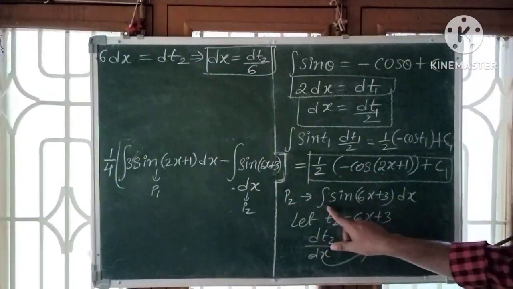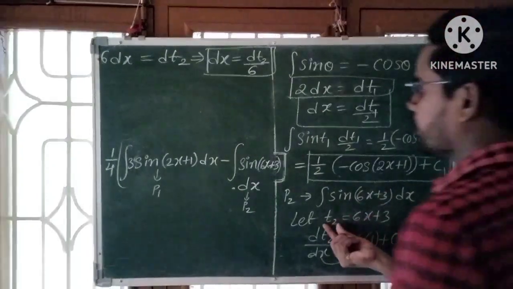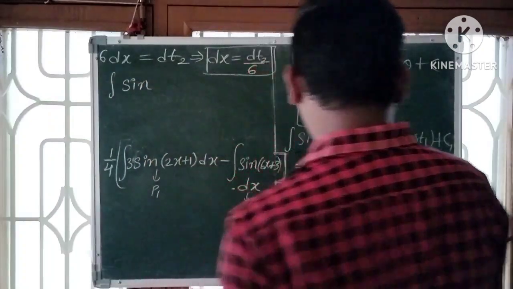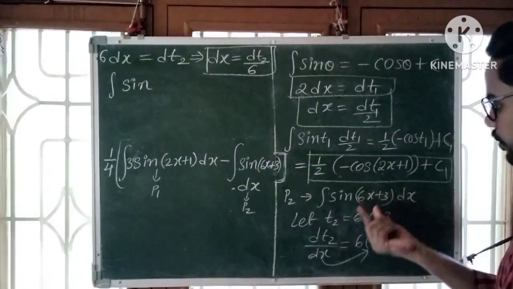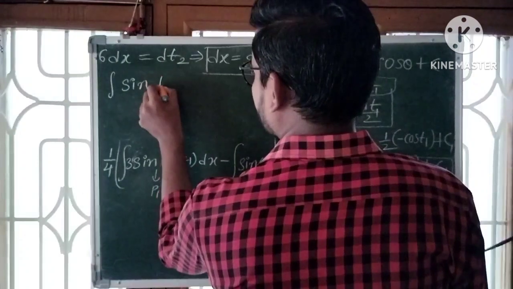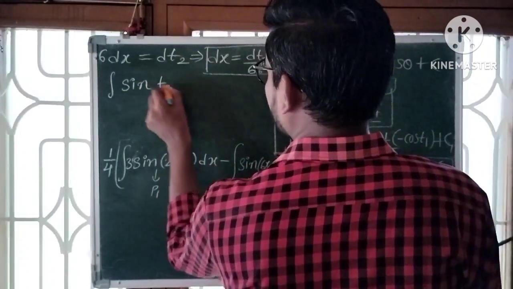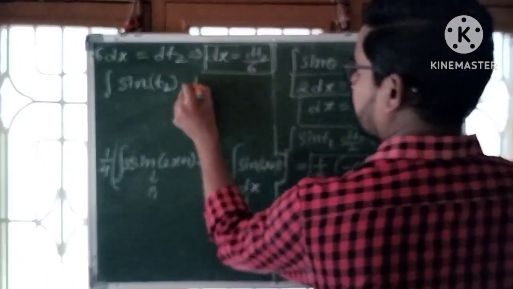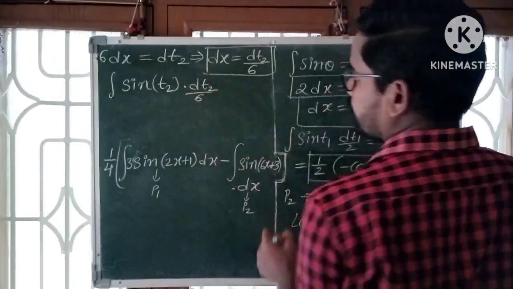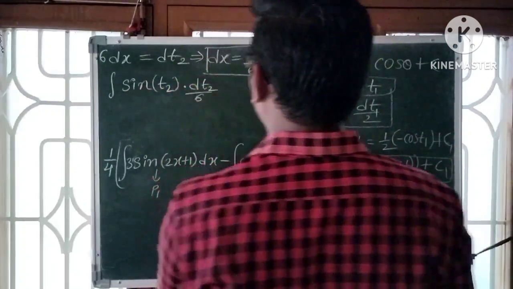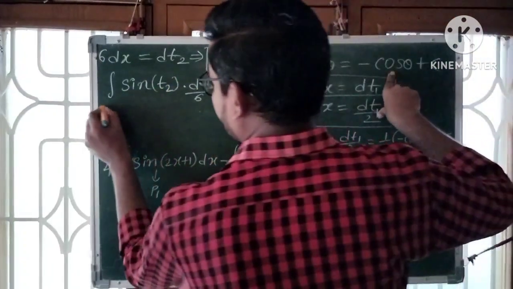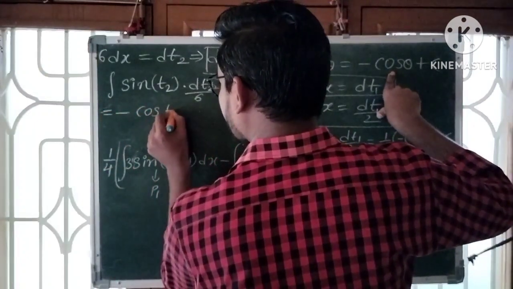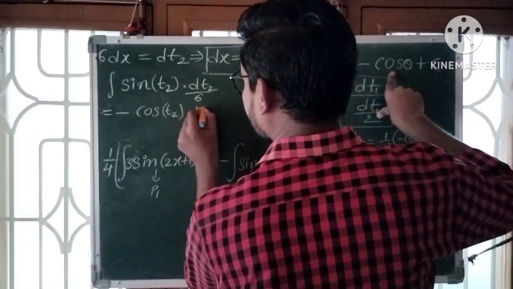See, the integral of sine of 6x plus 3: in place of 6x plus 3 we considered t2. So sine t2 into dx, where dx is dt2 by 6, gives the integral of sine t2 dt2, which is minus cos t2 plus c.